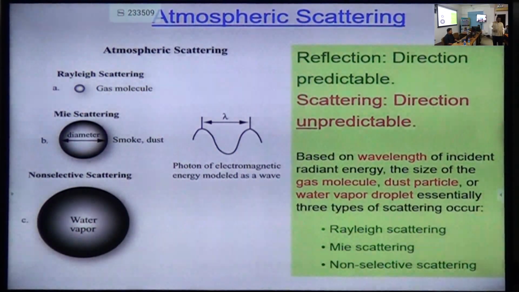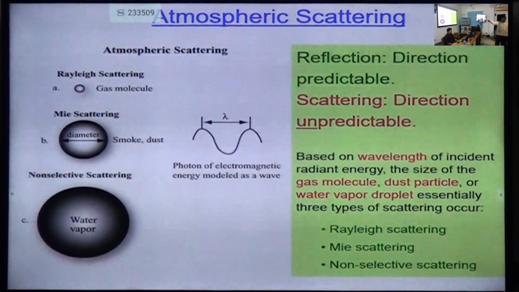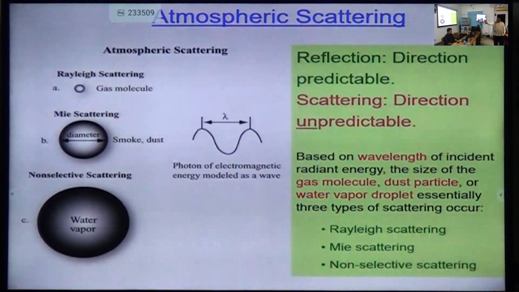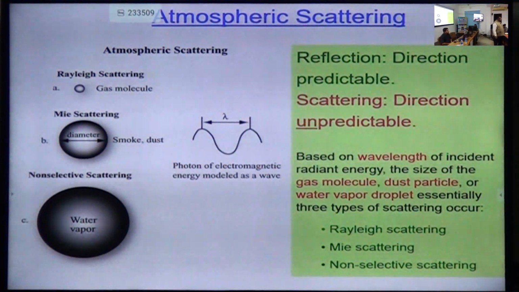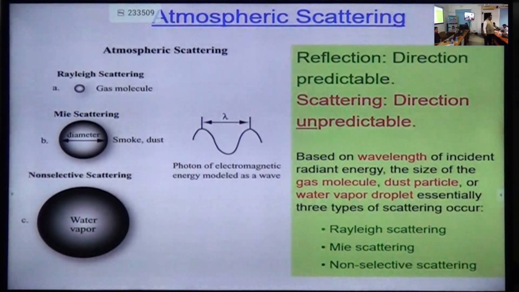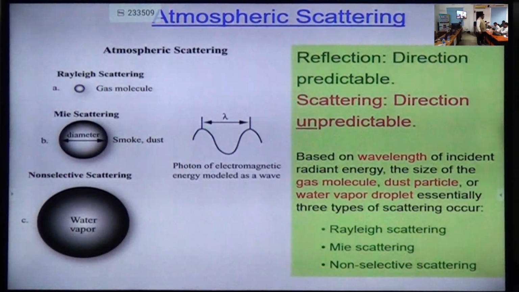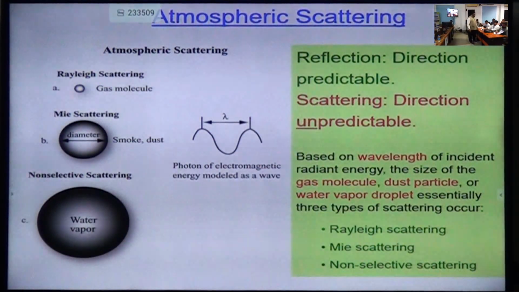The direction is unpredictable, so it is called scattering. Based on the wavelength of incident radiant energy and the size of the gas molecules, dust particles, and water vapor droplets, three types of scattering are possible: Rayleigh scattering, Mie scattering, and non-selective scattering.